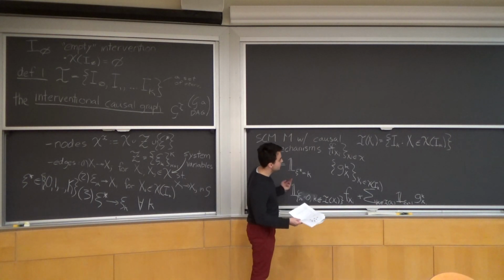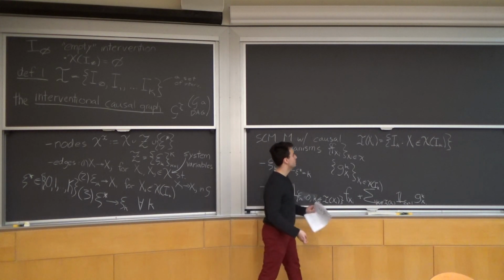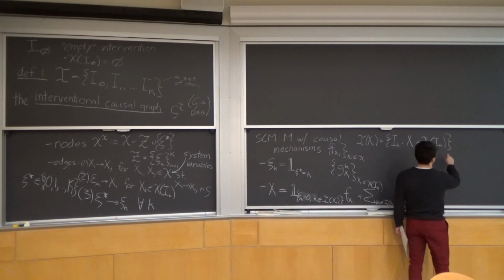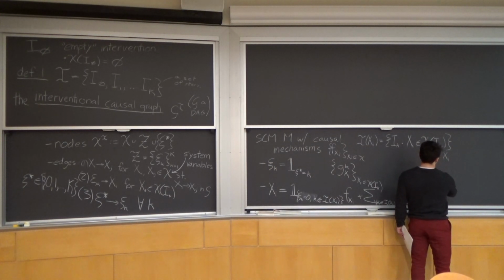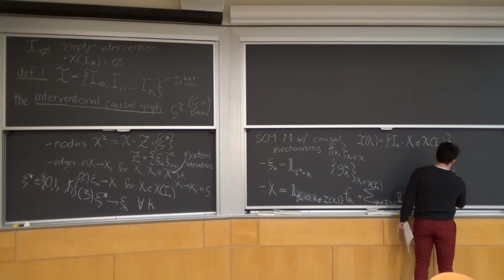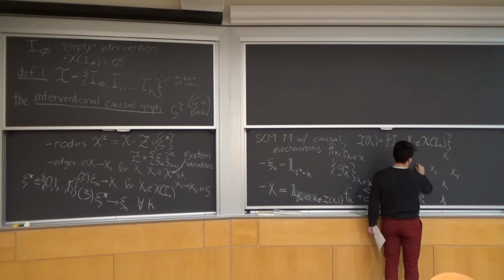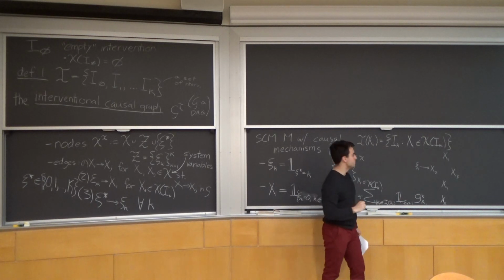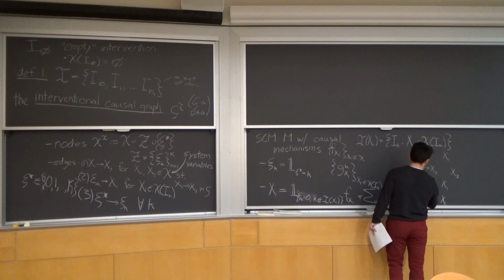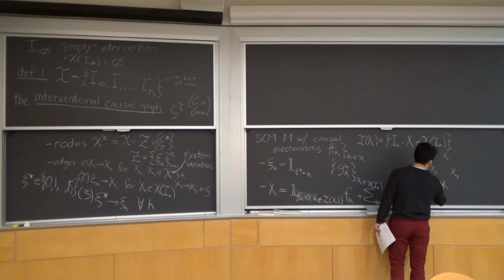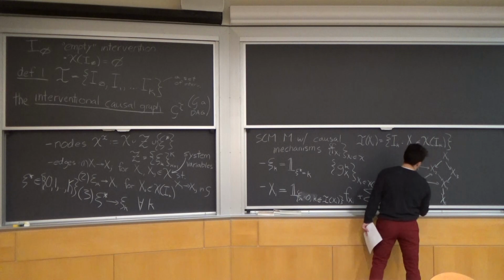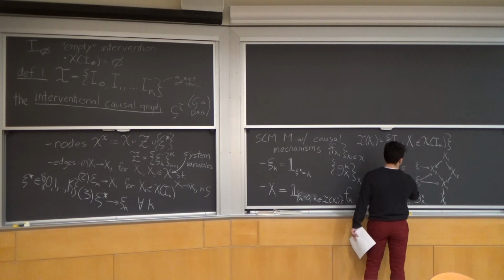So, for example, if we were to have an intervention on this graph, and we did, say, one intervention I1 that had as its target just this x2 node, and then another intervention that had as its target both x2 and x4, then this would basically be our graph, and then we would have this zeta star that points to both of these.